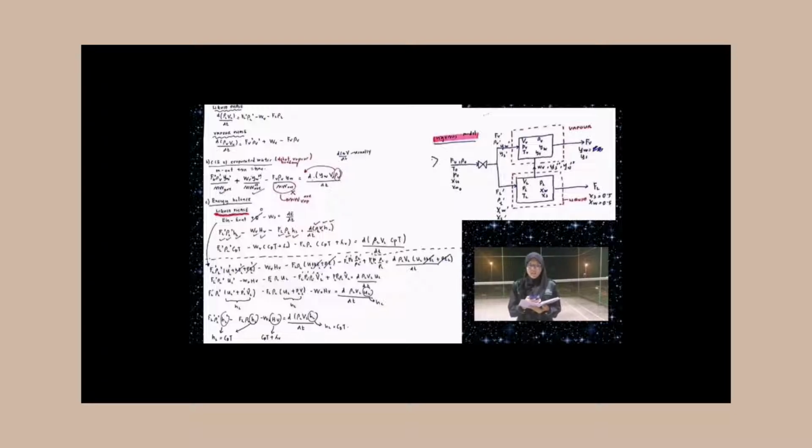The same thing applies to the liquid phase and the vapor phase. But as we can see, in the vapor phase there are 2 inlets and 1 outlet, while for the liquid phase there is 1 inlet and 2 outlets. The plus sign is for the inlet, while the minus sign is for the outlet.